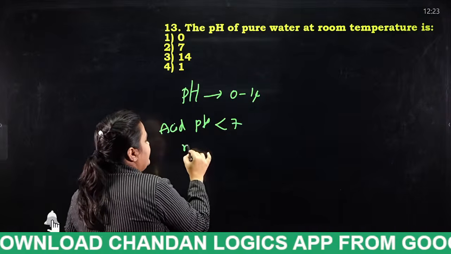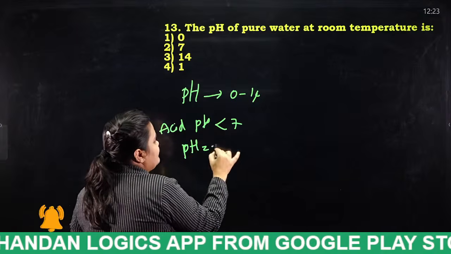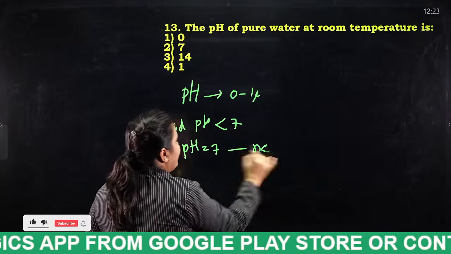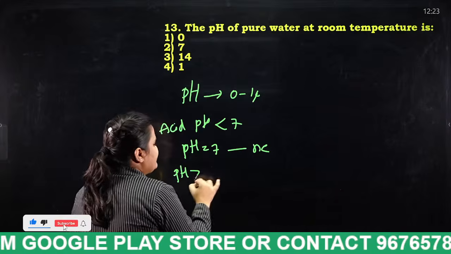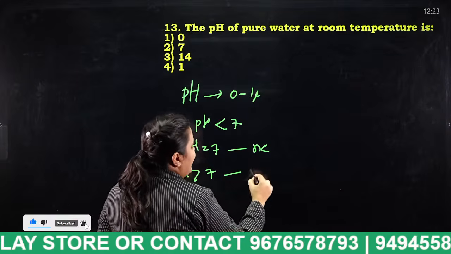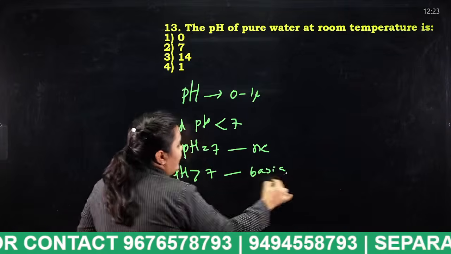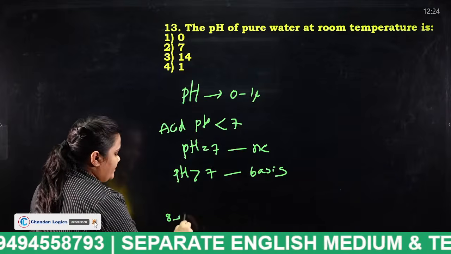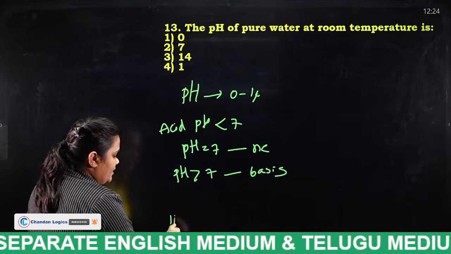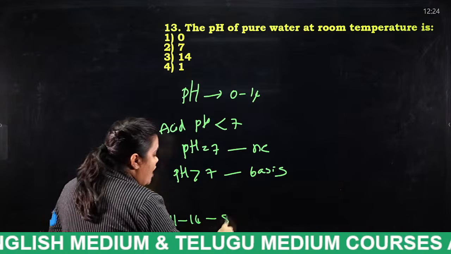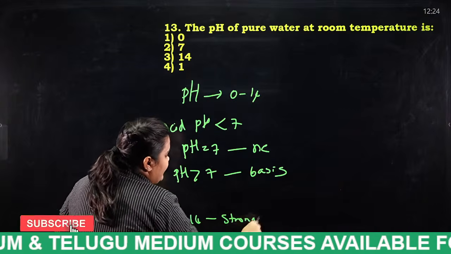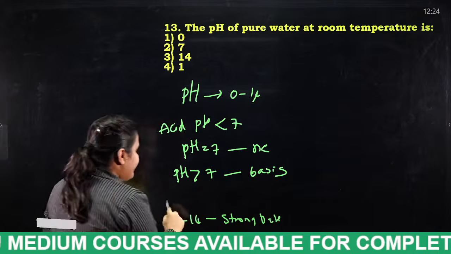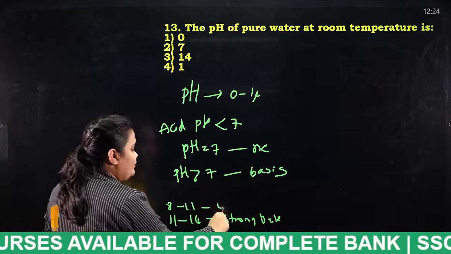If pH is equal to 7, we say it is neutral. If pH is greater than 7, we say it is a base. If the pH is between 11 to 14, we say it is a strong base. If the pH is between 8 to 11, we say it is a weak base.